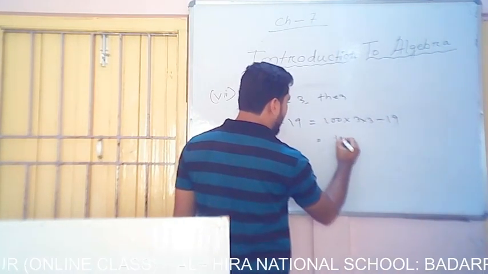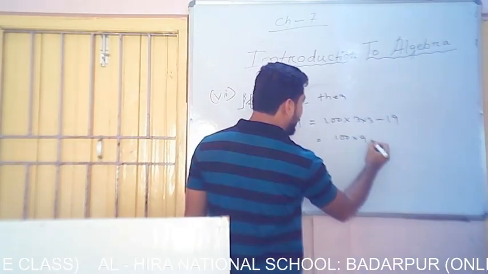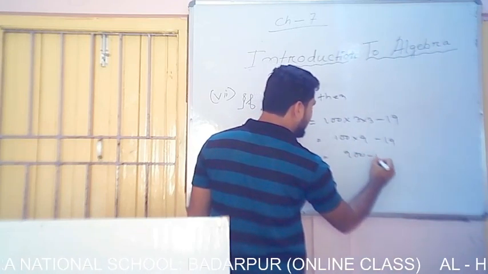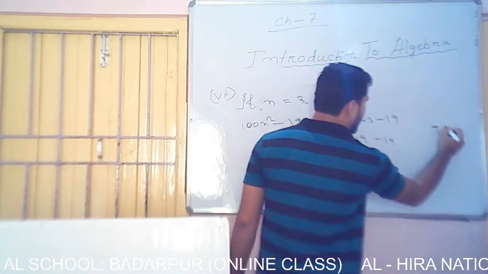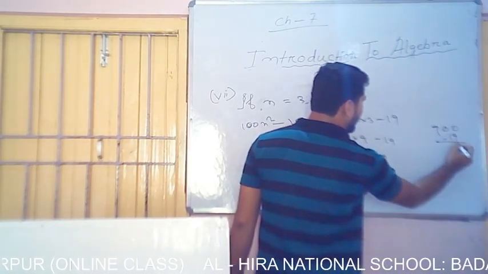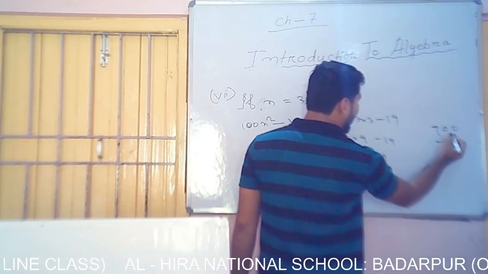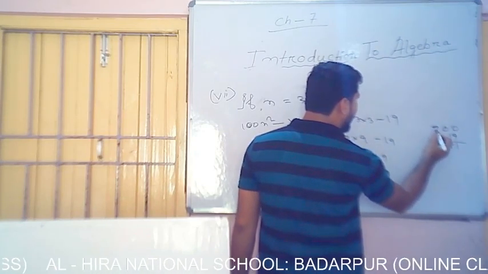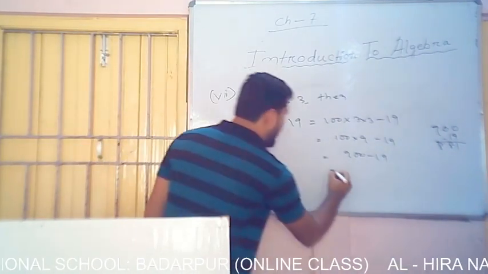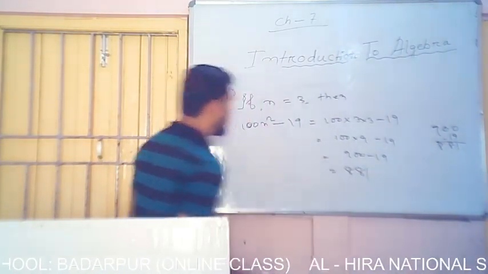That means 100 into 9 minus 19. That means 900 minus 19. If we subtract, then you will get the answer. 10 minus 9 equals 1. Here remain 9, 9 minus 1 equals 8, and here remain 8. So 881. So the answer is 881.